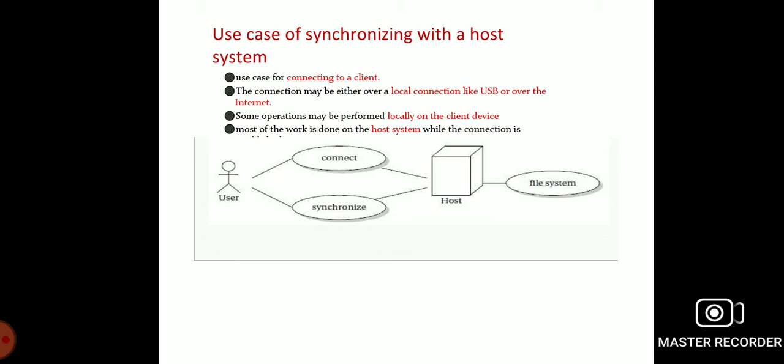Most of the work is done by the host system while the connection is poor. The user can be connected to the host in two ways, that is connect and synchronization. The host must transfer the file system bit by bit from one processor to another peripheral.